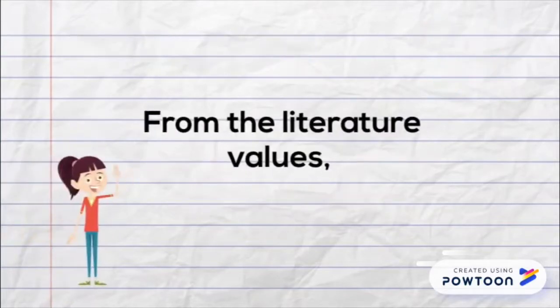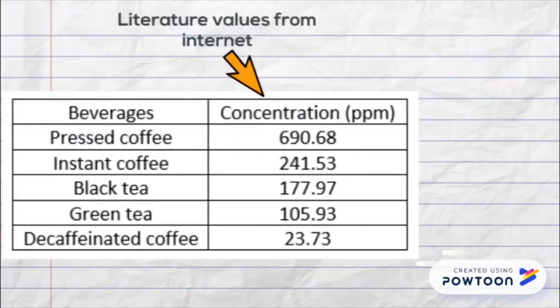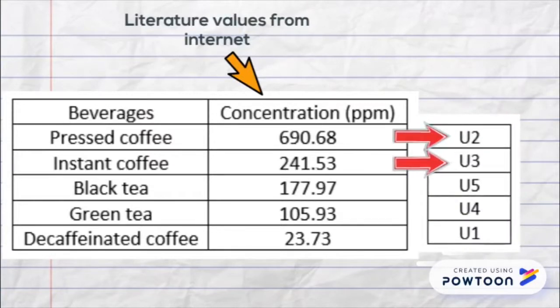From the literature values, we can find out that the crystal coffee has the highest concentration, and from the values here, we can determine the type of beverage by following the sequence of the concentration.